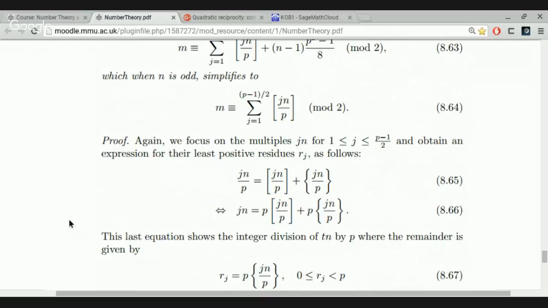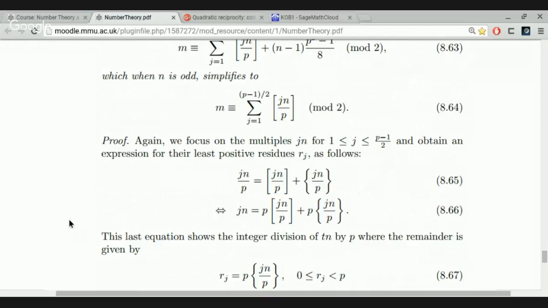So we've got a p over here. We don't like to really talk about rational numbers all the time, so I multiply both sides by p. Just take this p over here and move it to the other side. And now if you think about it, I'm looking at the integer j times n. I'm seeing it as some multiple of p plus a remainder bit. And the remainder bit is the fractional part of jn divided by p, times p.